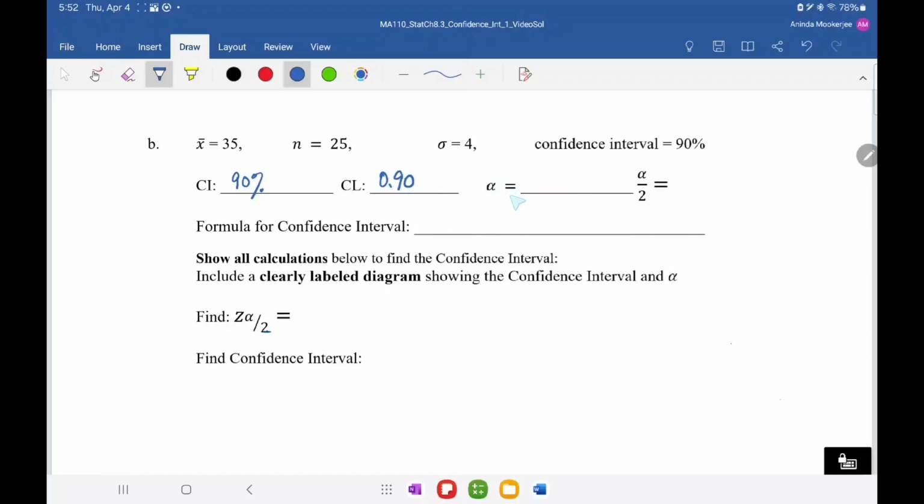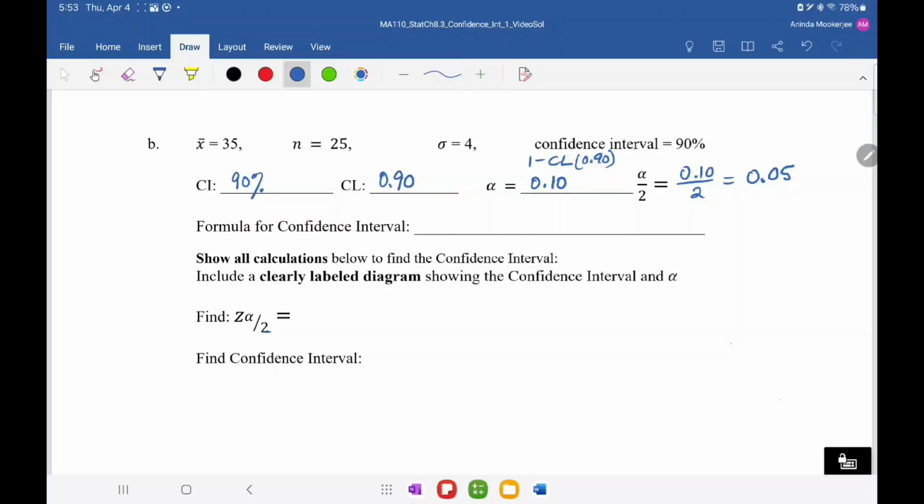So alpha is 1 minus CL. So that's 1 minus 0.90, which is 0.10. And alpha by 2, just divide alpha by 2. It's 0.10 divided by 2, so it's 0.05. That's the area on each end of the curve.